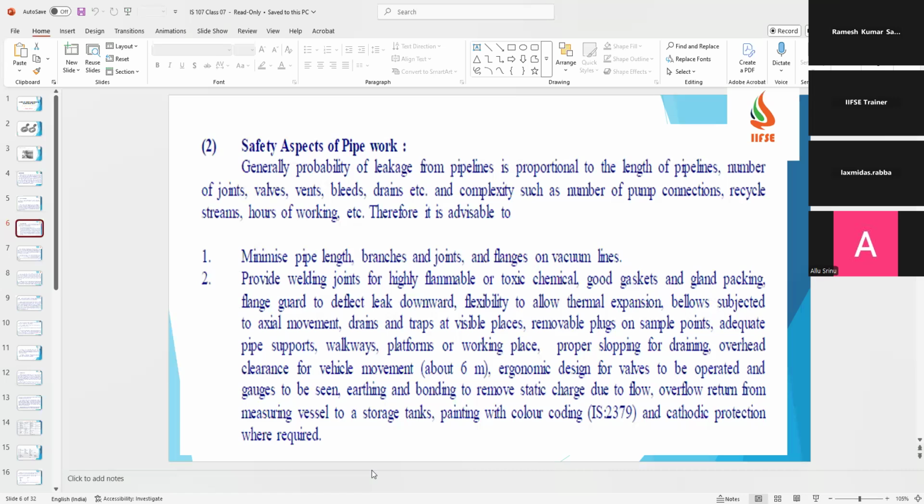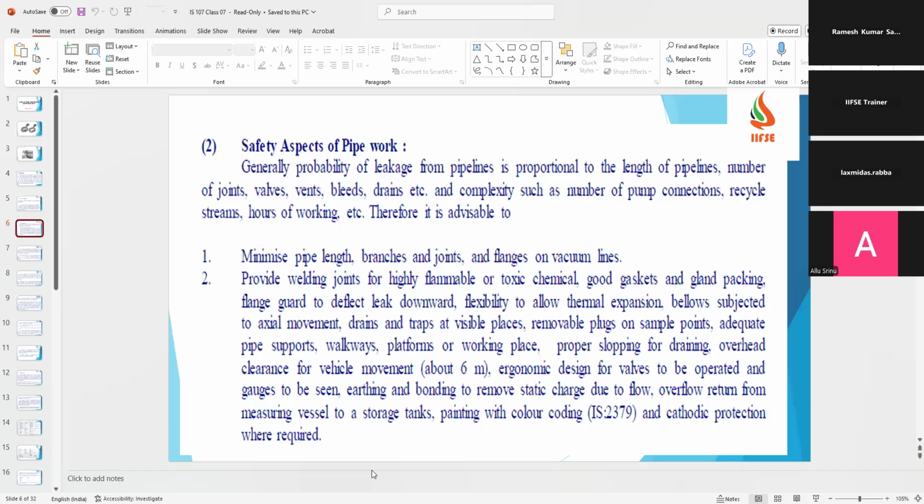Minimize pipe length, branches, and also joints and flanges on vacuum lines, and provide welded joints for highly flammable or toxic chemicals, good gaskets, gland packing, and flange guards to deflect leaks downward. Provide flexibility to allow thermal expansion, like in winter and summer seasons, extremely high and extremely low temperatures, where the pipes can give thermal allowance to take that expansion and be subjected to axial movements.